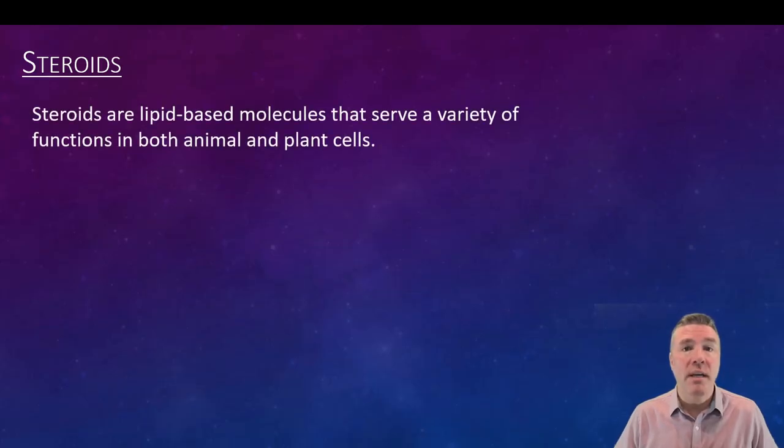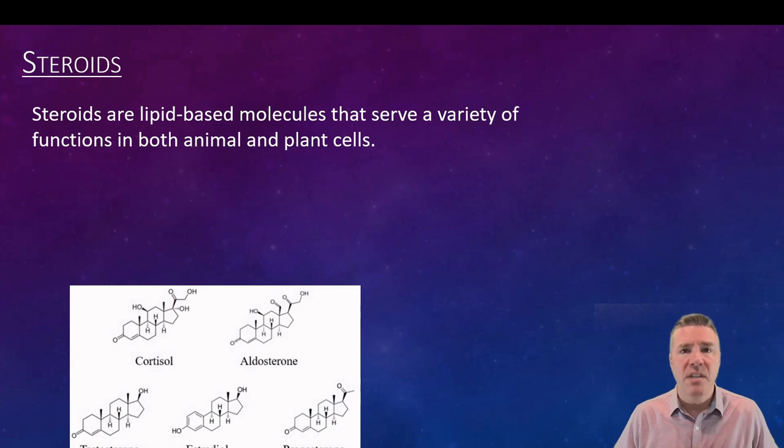A steroid is a type of lipid molecule characterized by a distinctive structure composed of 4 interconnected carbon rings. The core structure is known as the steroid nucleus. Despite this shared backbone, different steroids have varying functional groups and side chains attached to those rings, which give each steroid its unique chemical properties and biological functions.